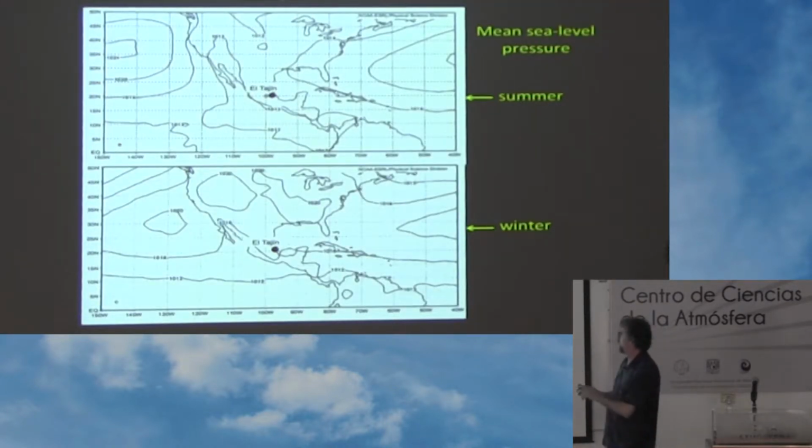So here, for example, is average sea level pressure fields for winter and for summer. So here's Mexico, right? This is the site in Veracruz where all the trajectories arrived.